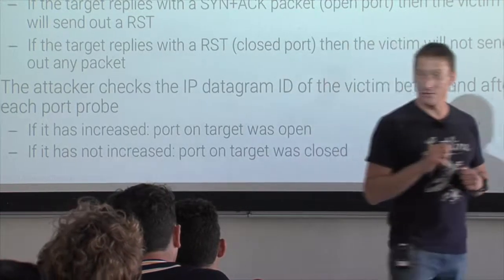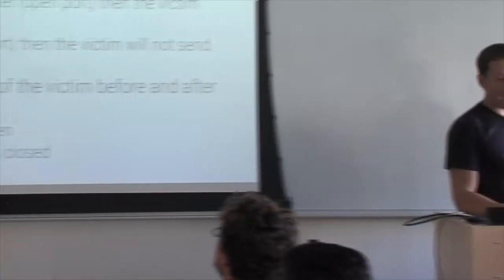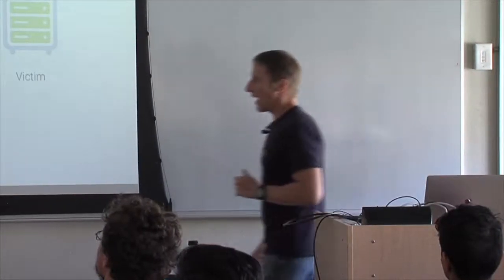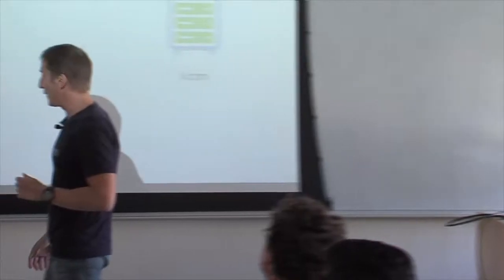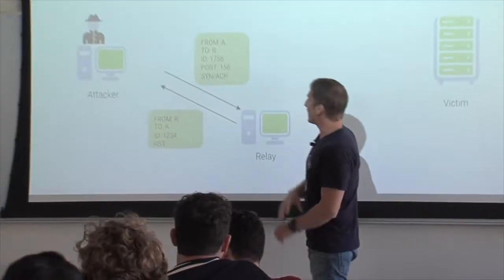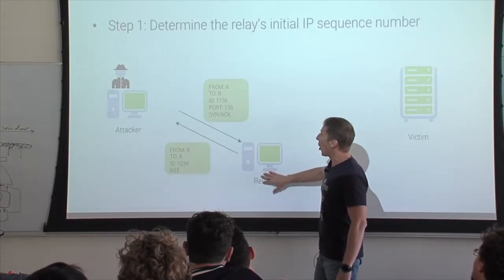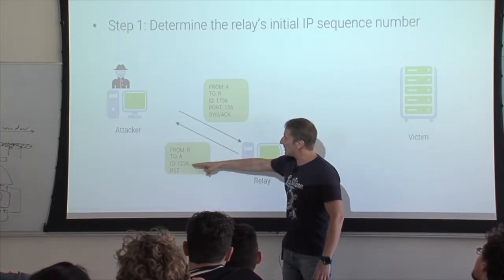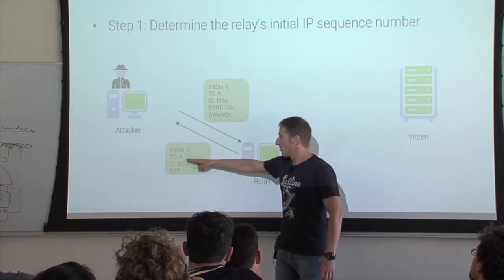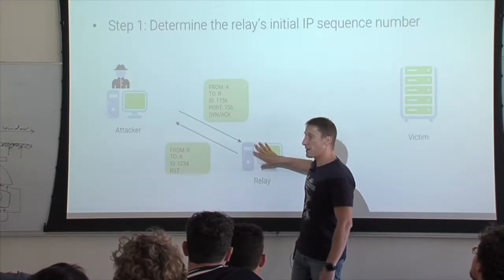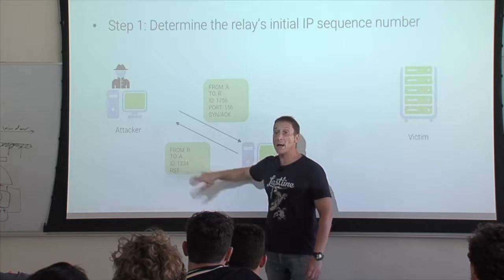This is a moment of glazed eyes, but I have the figure. Everything is going to be solved by the figure. So you can see that at the very beginning, the attacker interacts with the relay only to find out the ID, 1234, used to mark its IP packets.